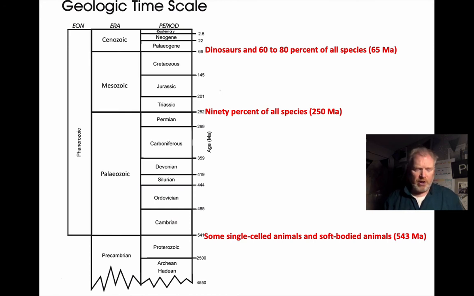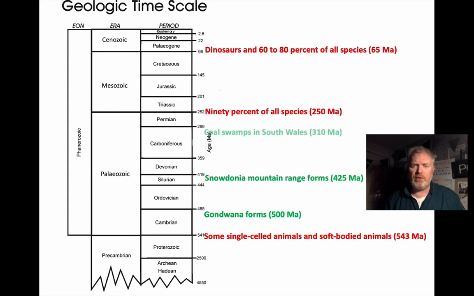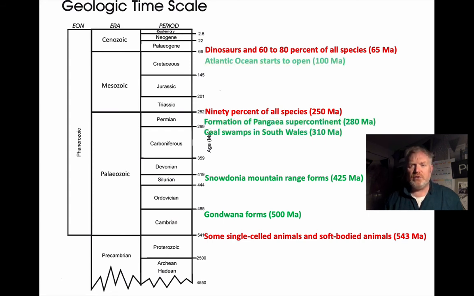If we put in some of the other geological events, and I selected these because these are ones that have had a particular impact on Britain's geology. So we've got Gondwana, a supercontinent in the south, forming 500 million years ago. Snowdonia, caused by a plate collision 425 million years ago. Coal swamps 310 million years ago.